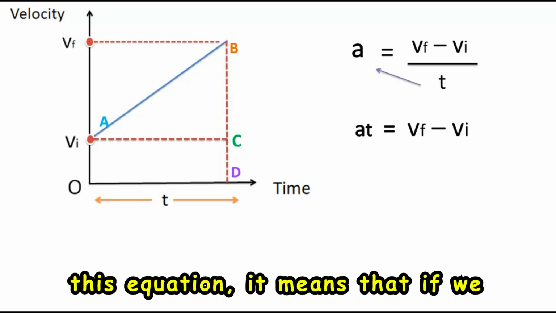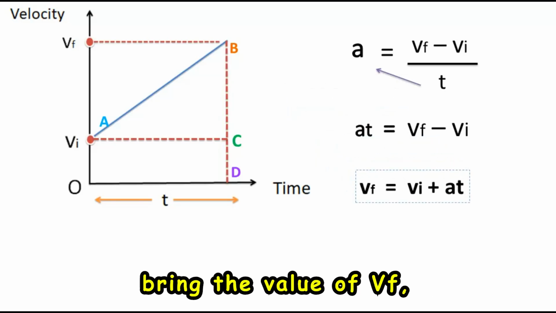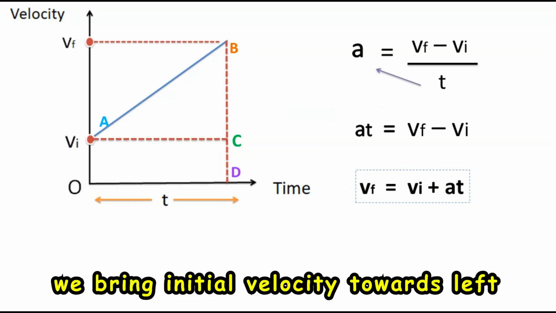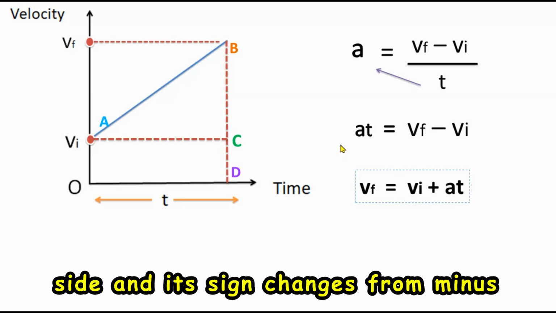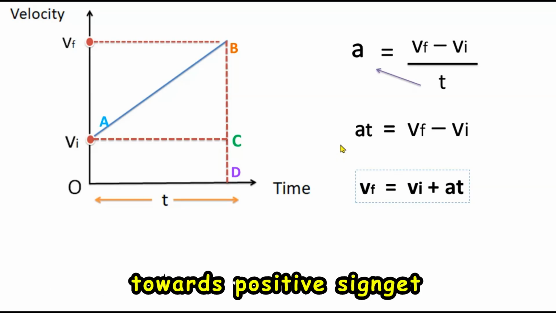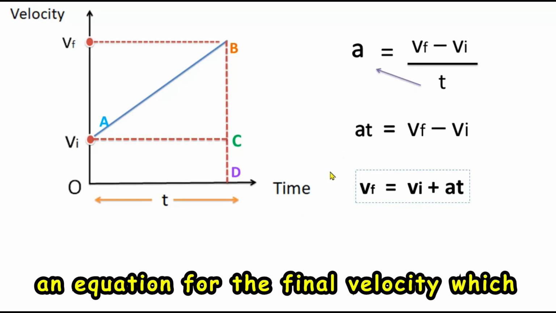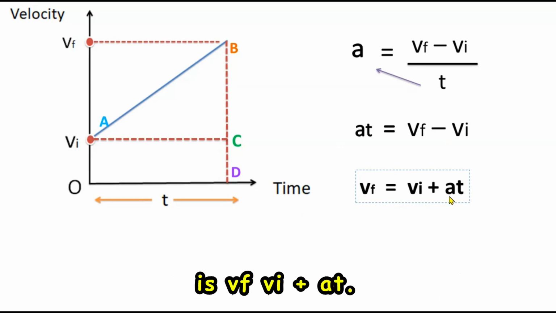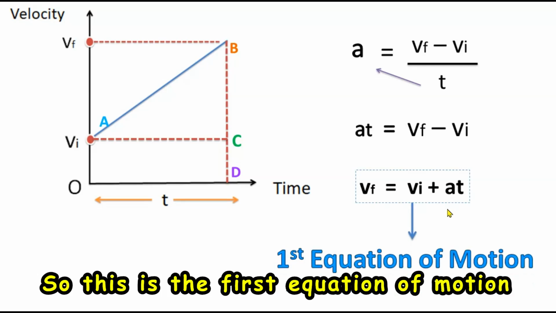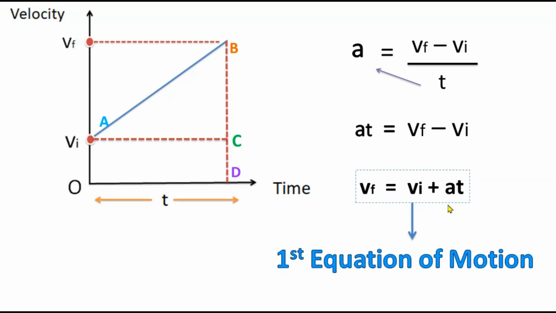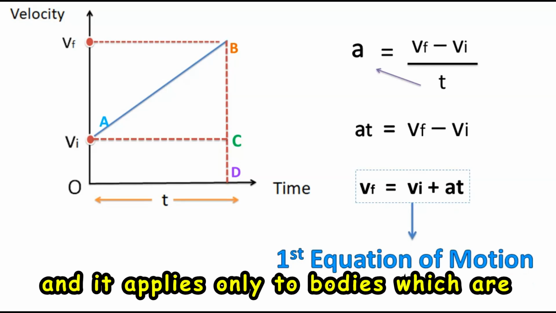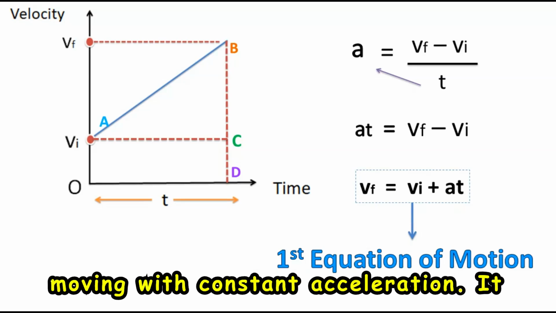If we rearrange this equation, we bring the initial velocity towards the left side and its sign changes from minus to positive. We get an equation for the final velocity, which is Vf is equal to Vi plus at. So this is the first equation of motion, and it applies only to bodies which are moving with constant acceleration.